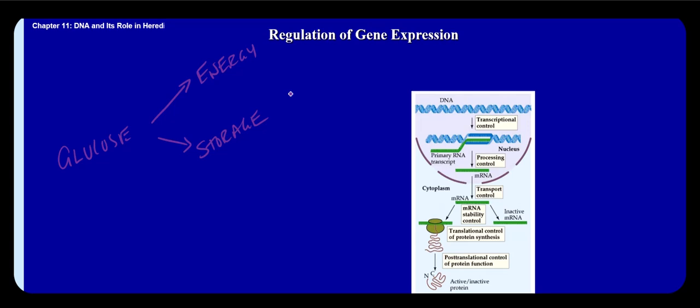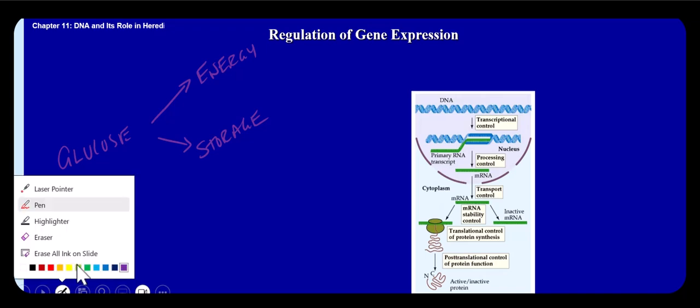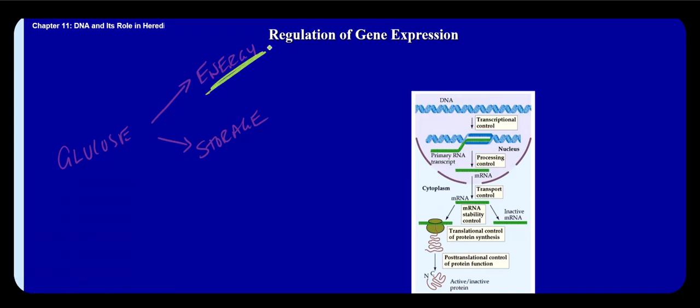So let's say I just got up, I haven't eaten since last night, I just got up first thing in the morning, and I ate a glucose. So what do I want to do? What I want to do is I want to send it to energy and not to storage. So that's regulation. I shut down this path so it can go to energy.